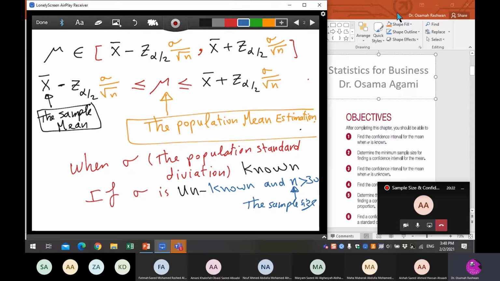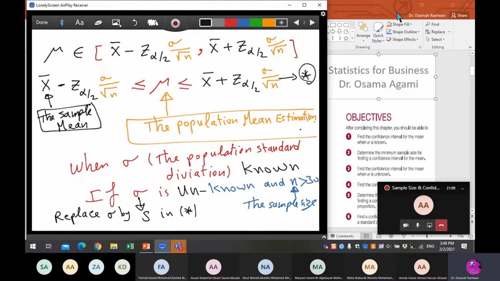If the sample size is greater than 30, you replace sigma by S. So you will have the same formula, but you replace the sigma for the population because it is unknown, under one condition: the sample size greater than 30.